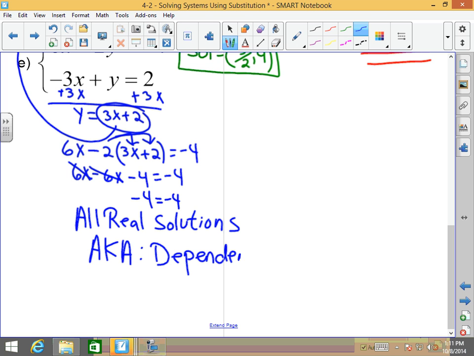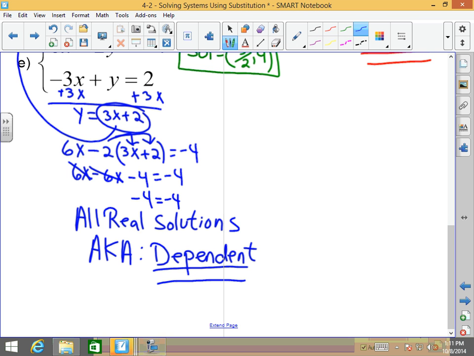It's consistent dependent. That means that it is the same exact line. So true statements, either all real numbers or infinitely many solutions, also known as dependent. You got to know that because we're in real math here. If it's a false statement, it's no solution, also known as inconsistent.